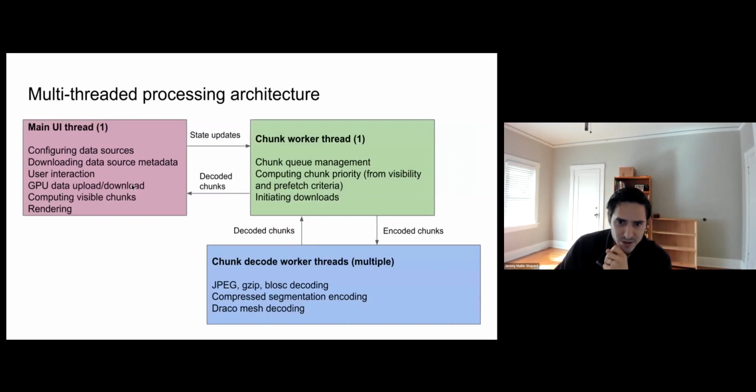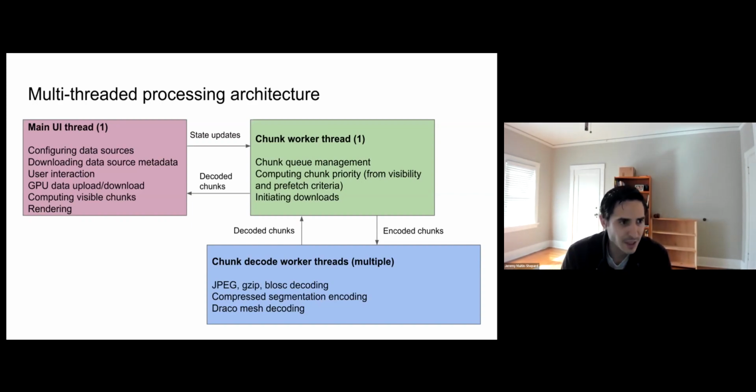So, as I just touched on, in order to support this overall rendering process, Neuroglancer uses a number of different threads in parallel. There is the basic constraint, because Neuroglancer is a web application using this mechanism called WebGL to do rendering, that it is unfortunately constrained to only interact with the GPU from the single main UI thread.